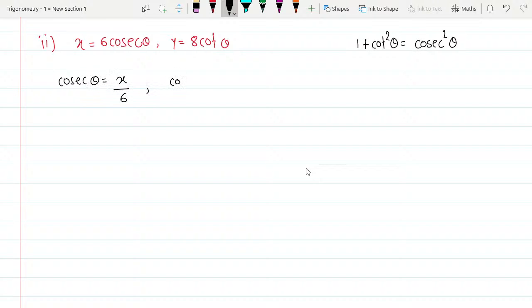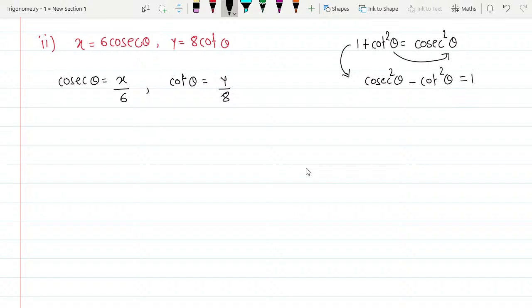And what about cot theta? Cot theta becomes y by 8. So use this identity. From this identity, cosec square theta minus cot square theta, if I take cot to this side, equals 1.